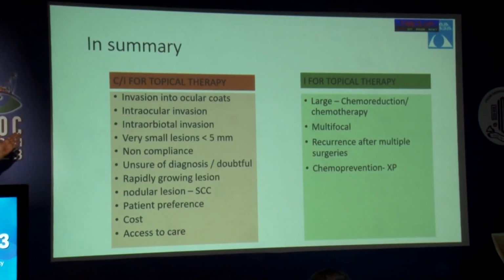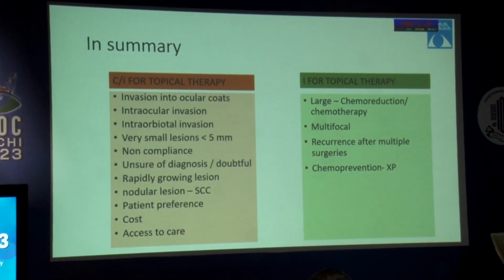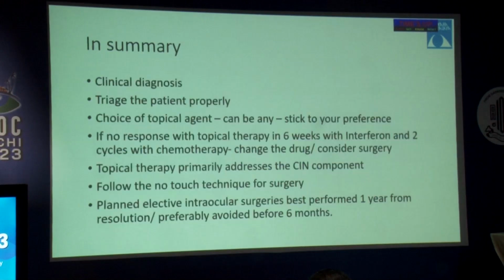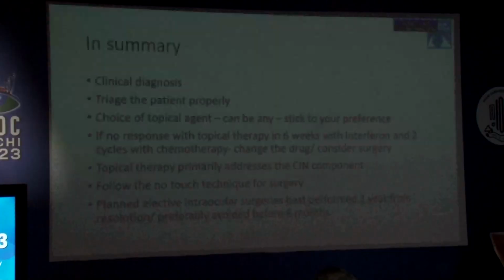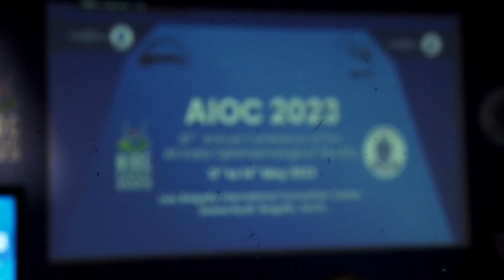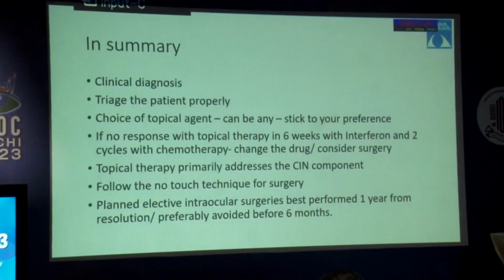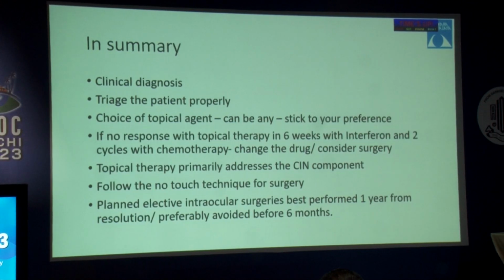If you're dealing with a very large lesion or a multifocal lesion, then topical therapy would be the way to go. So in summary, you triage your patient properly. Choice of topical agent, as I mentioned, could be any. Stick to it as your first choice, and follow the principles of surgical management as well as know when you need to stop when you're treating the patient with topical therapy.